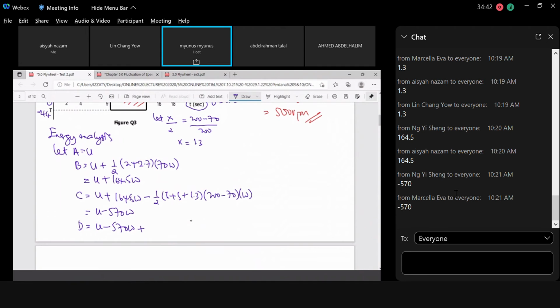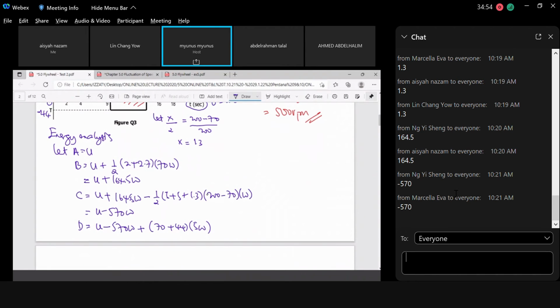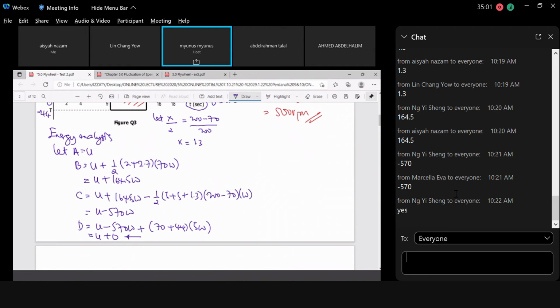You have 70 plus 44 multiplied by 5 omega. Correct, 5 omega. So what do you have for that? Will it give you 0 or not? I presume it's 0. Okay, so put it here: energy is conserved.